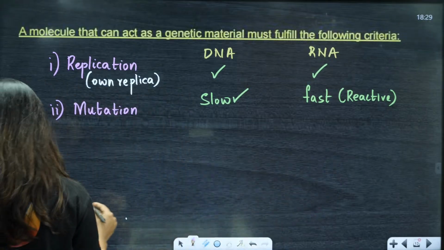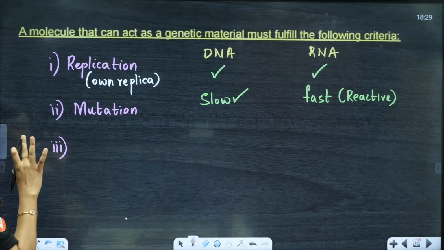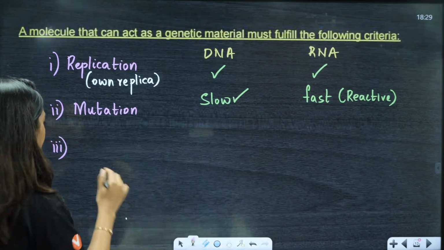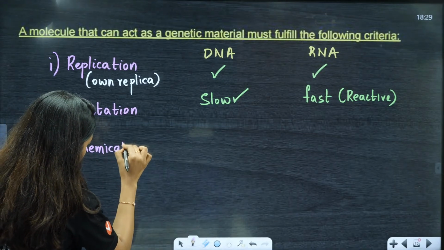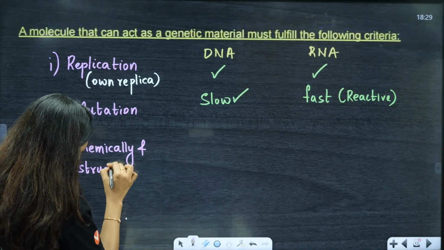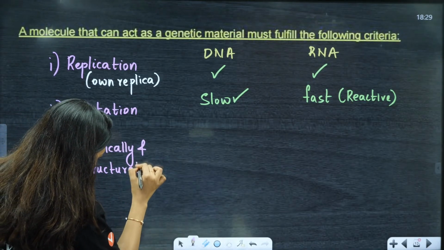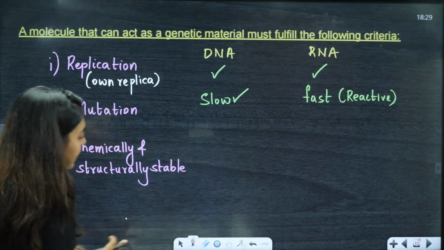Third thing that these people told was, see, chemically and structurally stable also matters a lot. Because students, very simple.